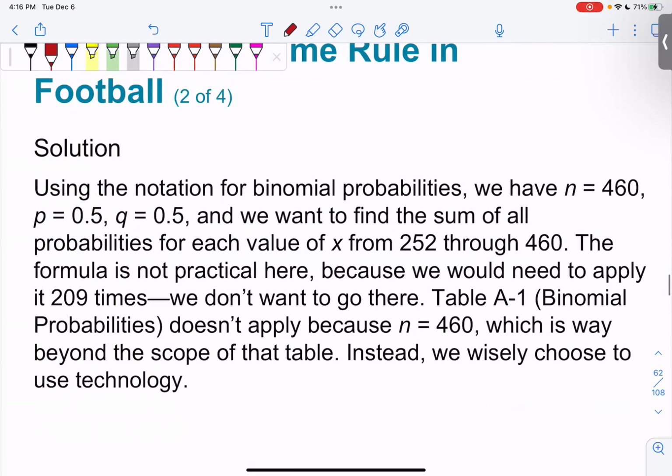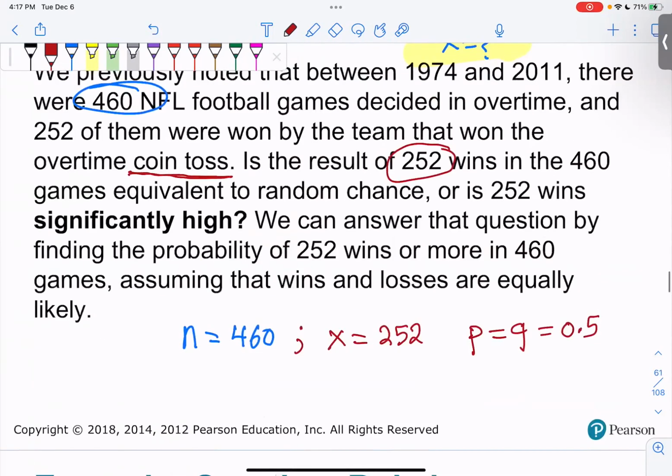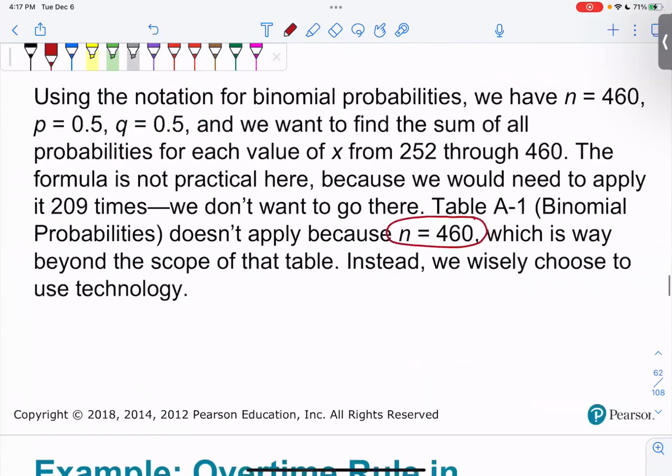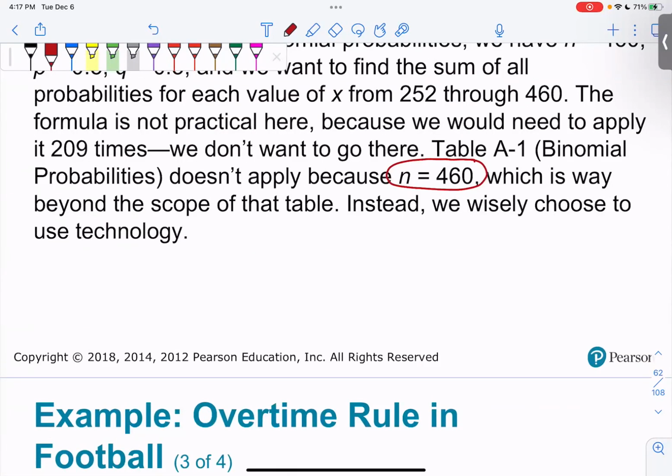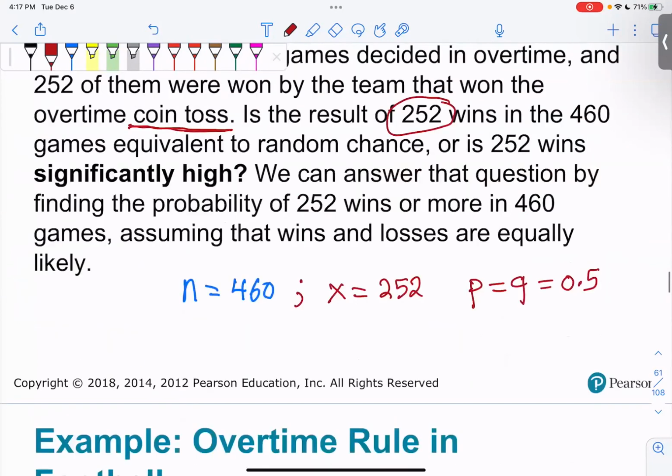So we have the number of trials equal to 460, and we have to find the probability of x greater than or equal to 252, right? Is it easy to find this value or no?